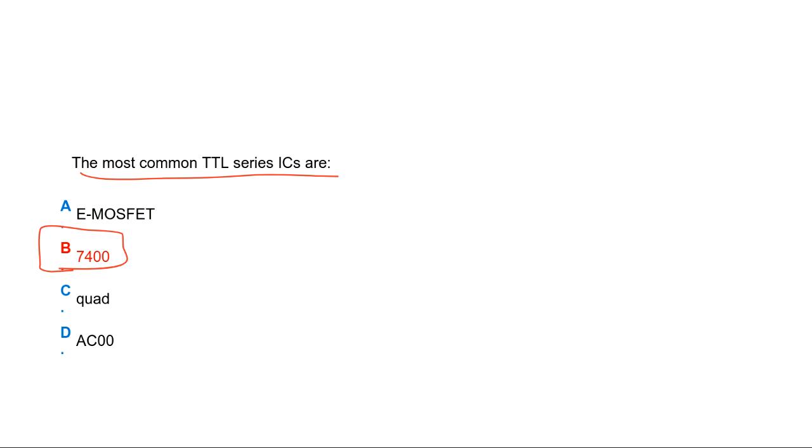We studied it last term, regulator ICs which are used to give you a regulated voltage, and they had certain numbers, the 78 series and 79 series. In the same way, each electronic component has a specific part number. So the TTL ICs are mostly in the range of 7400. This is their series number.